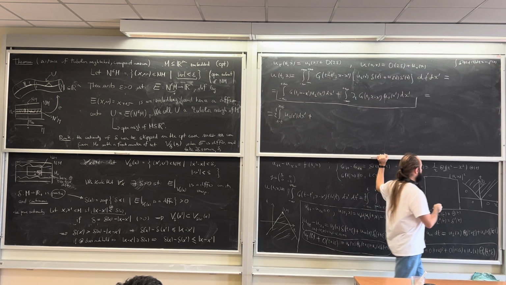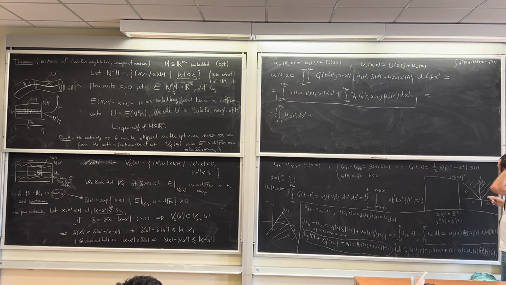So if you compute a derivative of this Green's function, what do we get? So here it is 0, here it is 1/2, and time goes in this direction.